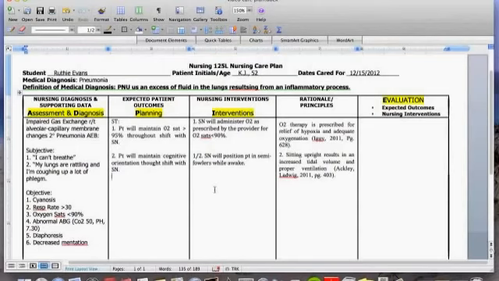Also, we want to say here, well, how are we going to make sure that this patient's maintaining cognitive orientation? Well, we're going to monitor this patient.